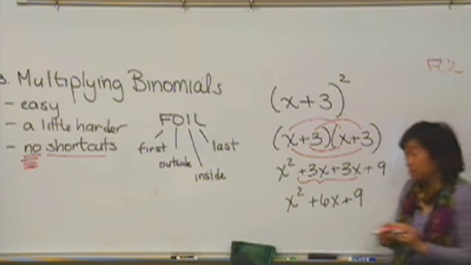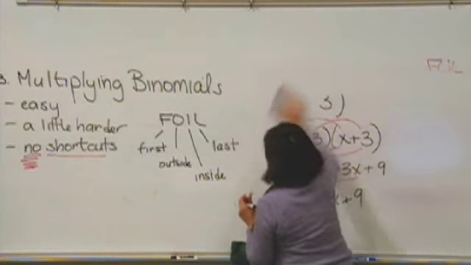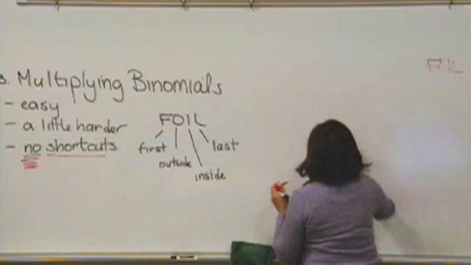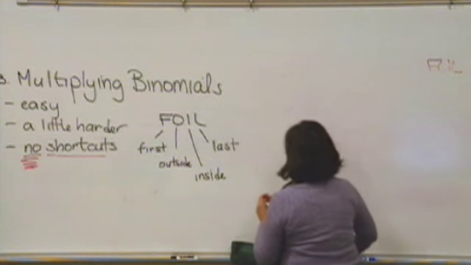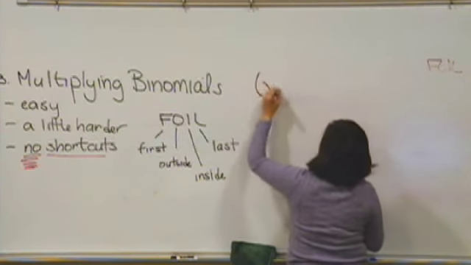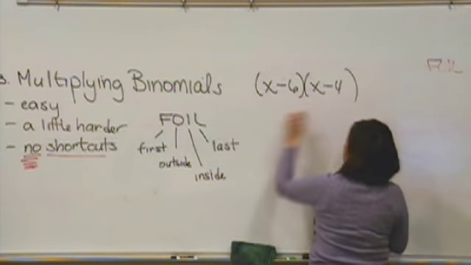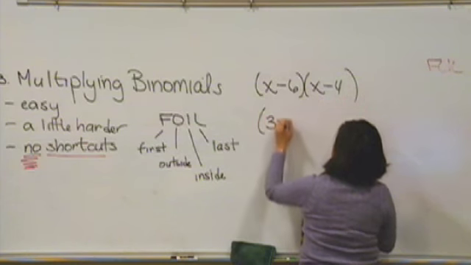All right, so let's try some. We'll try an easy one, one that's a little harder, and then one where I will tempt you to try a shortcut, but you'll remember just to write it out and work it out. So see if you can do these. There's an easy one. Let's do one that's a little harder.